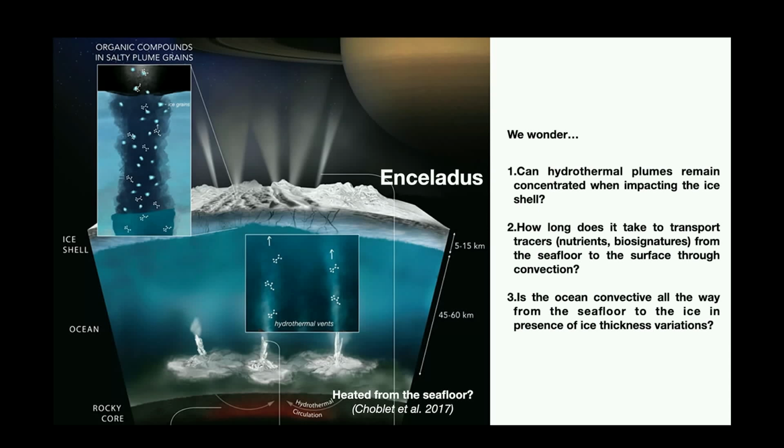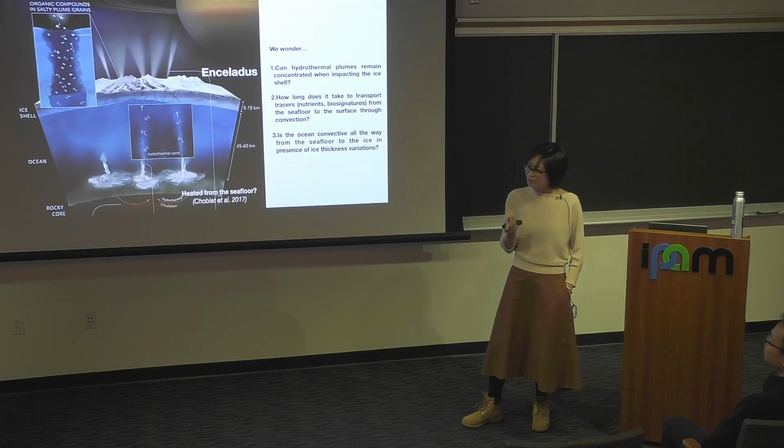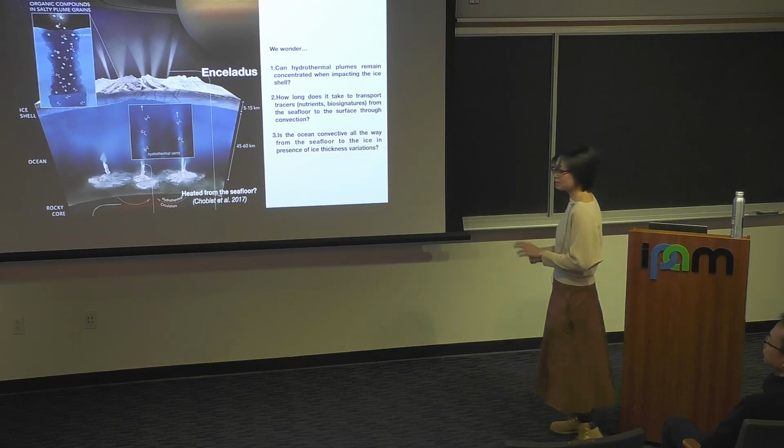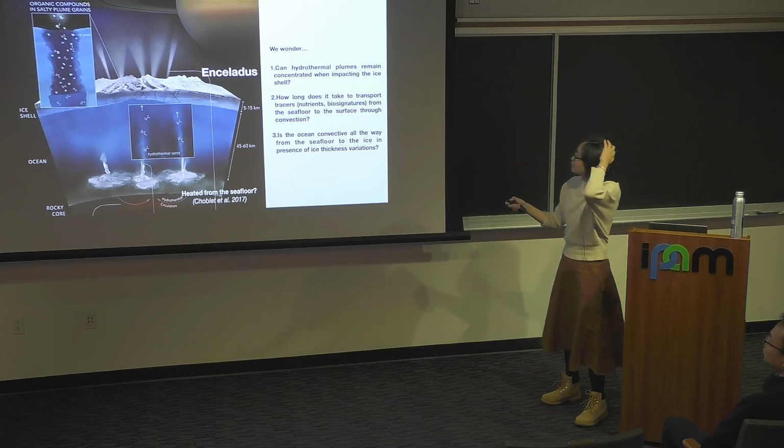It's important because if you write a proposal, then you have to say some biological activities in these hydrothermal vents are going to create some biosignature that is delivered to the ice sheet, right? If they don't remain concentrated, then it becomes a problem. They got mixed, super diluted, we can't really detect the signal. So that's an important question to figure out.